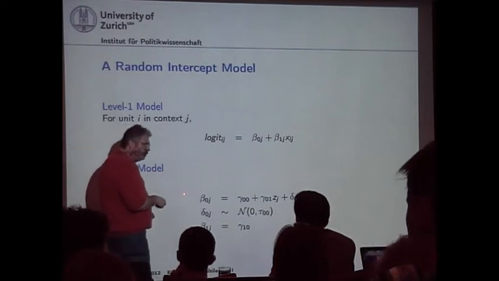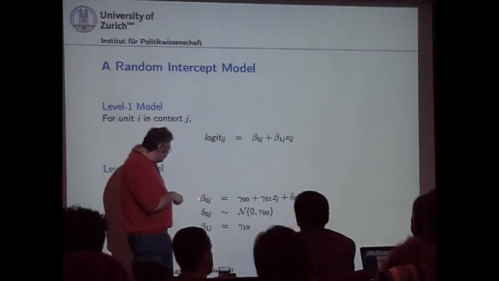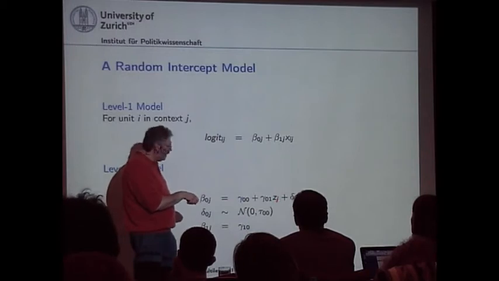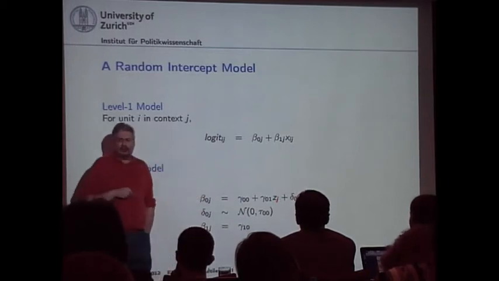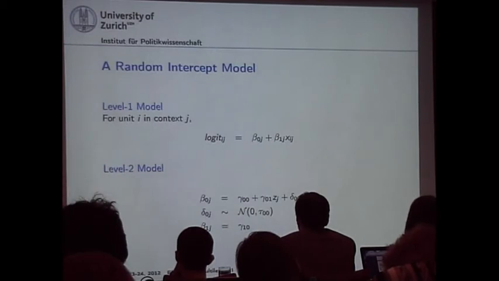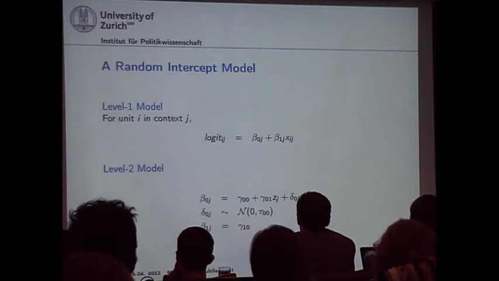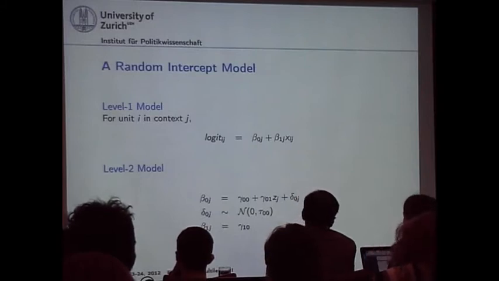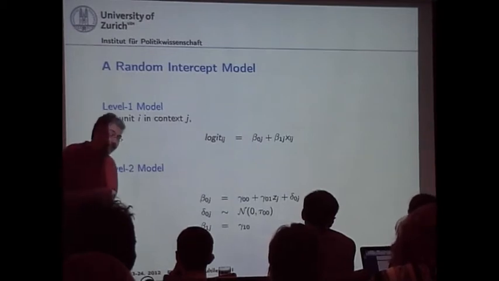But the random intercept, I'm going to model as an intercept, an effect of variable zj, plus a random component delta 0j, where I assume that delta 0j is normally distributed with a mean of 0 and a variance of tau 0,0. There is a similarity here to what we were doing before. I hope you see that. Except the dependent variable is not y, it's the logit in this case.